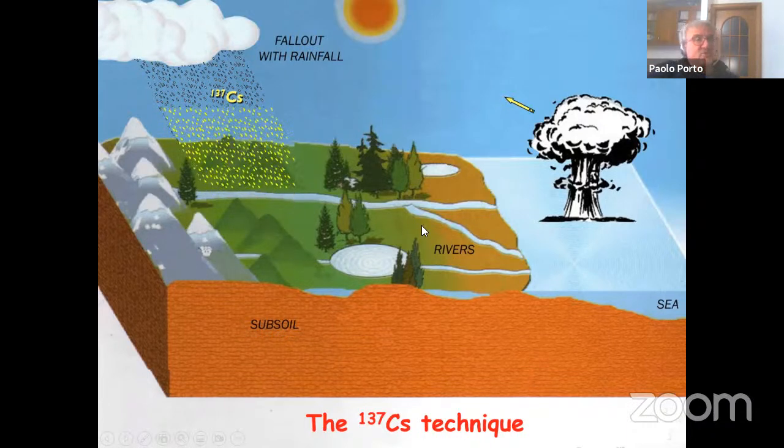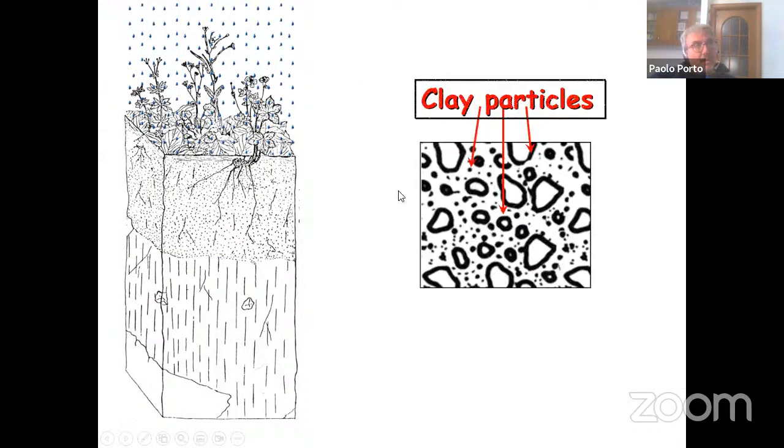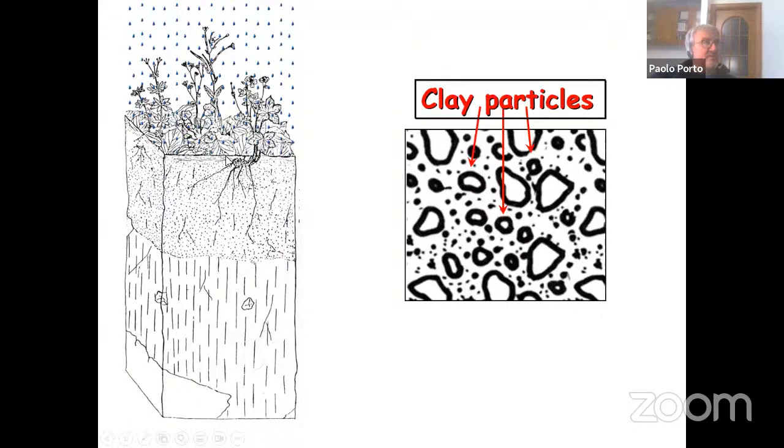And once cesium-137 reaches the ground, it is very strongly adsorbed by the clay particles of soil. For this reason, it is a marker. It is very, very strongly fixed by soil particles.